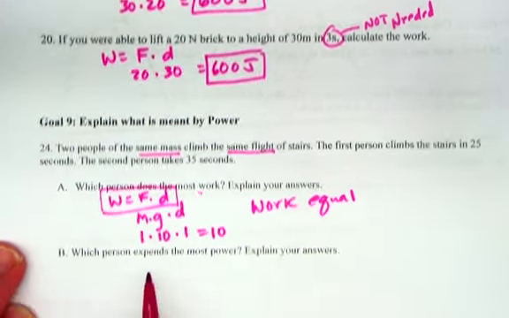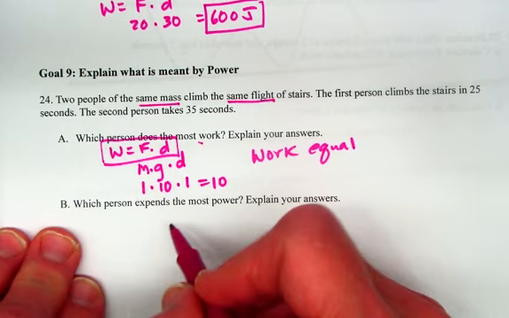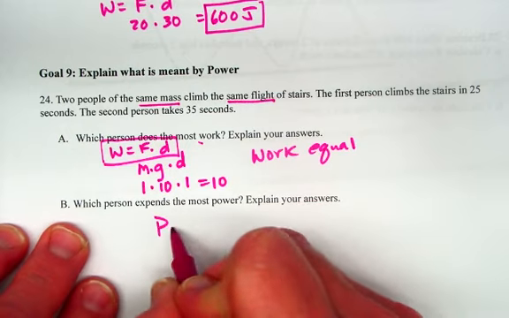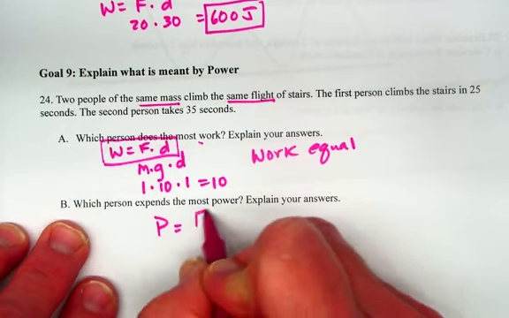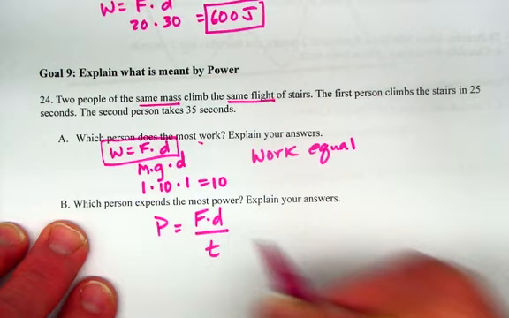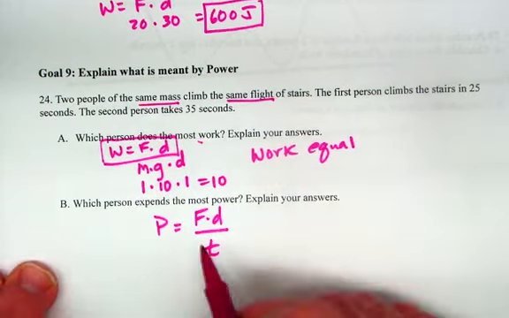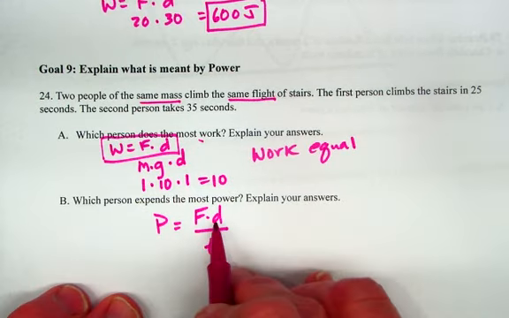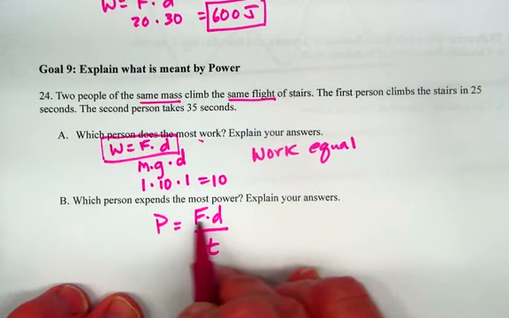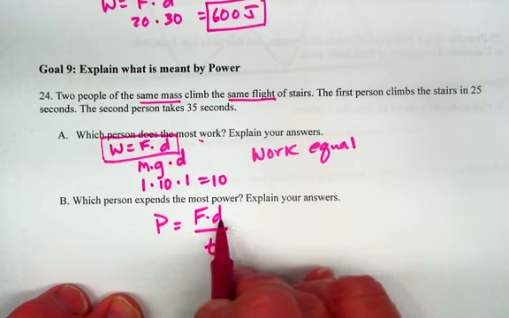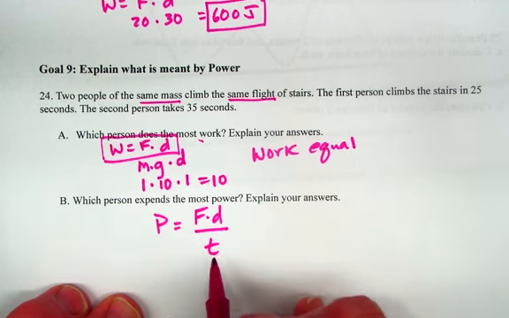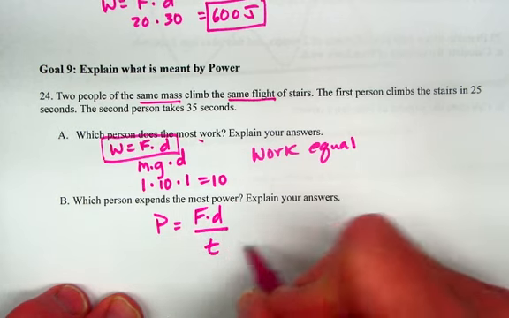But when they ask you about power, yes, this does become relevant. Since power is your force times distance over time, both of them have the same force and distance applied because of the same mass, gravity is the same, distance is the same, but the time is different. So here's the question.